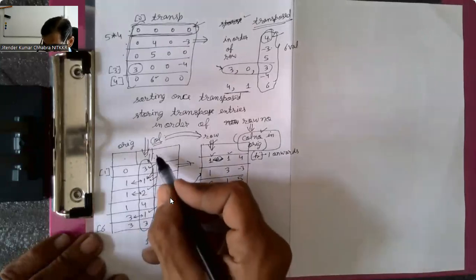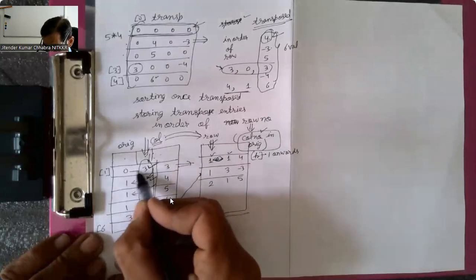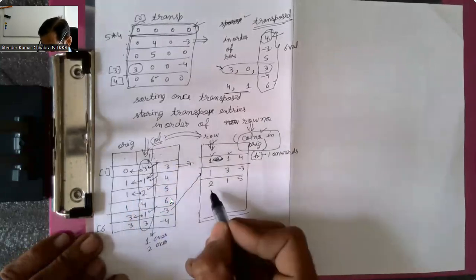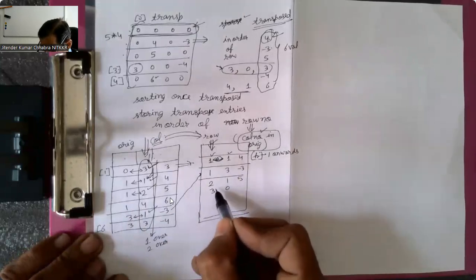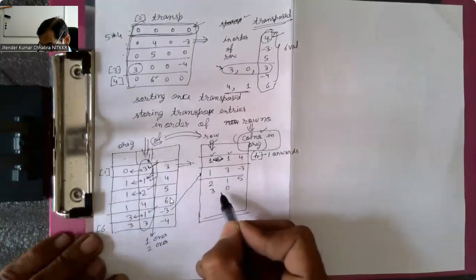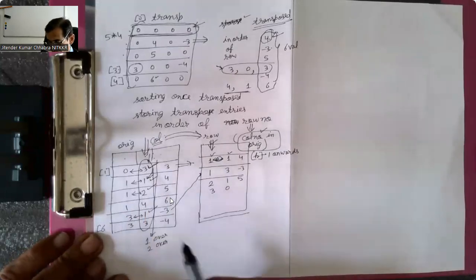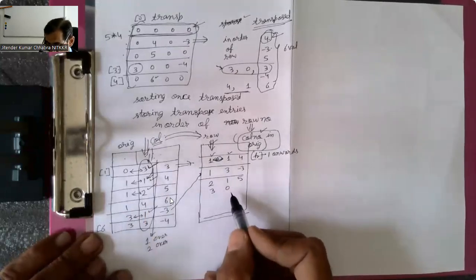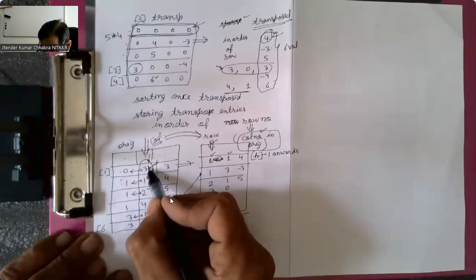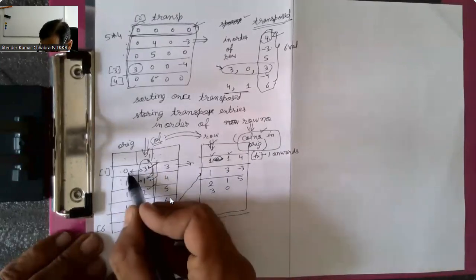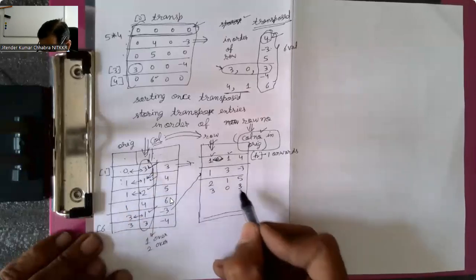Then what next? 3. This entry. In this order only I will take. Why in this order? They are automatically ordered within the same new row number, or old column number. They are relatively ordered within this itself. So column number 3, which will now become row number 3, has entry 3, 0, 3.